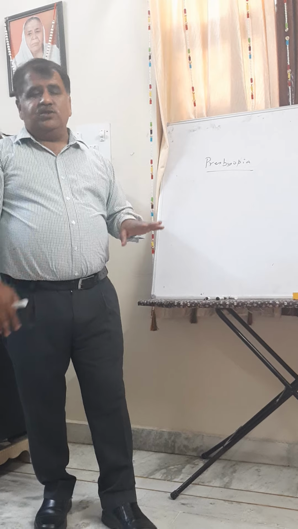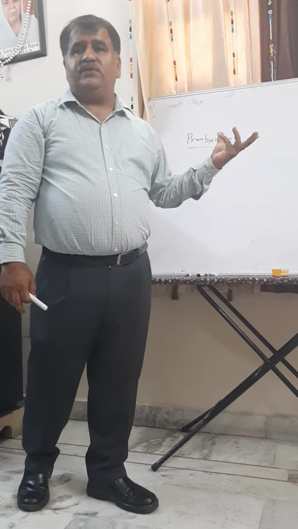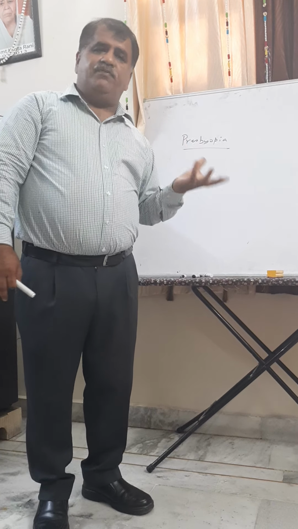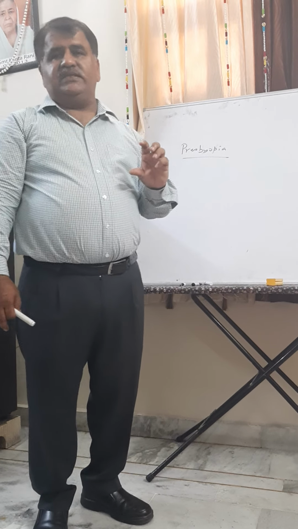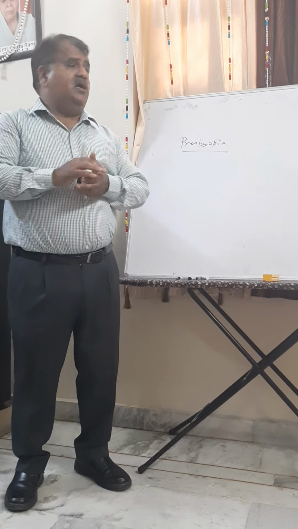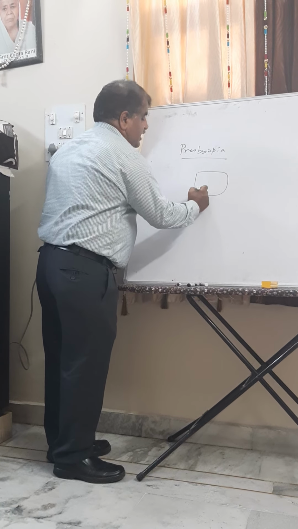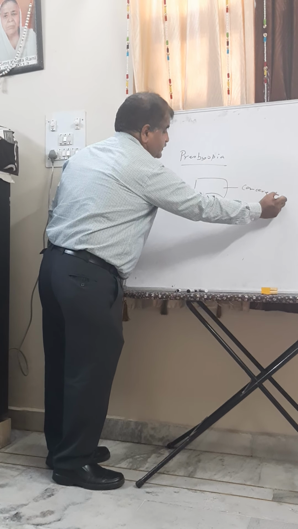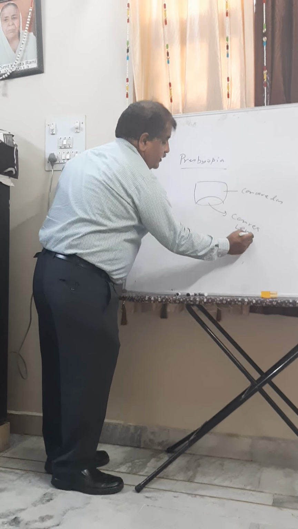So how can it be corrected? By convex lens, or sometimes with the help of a bifocal lens also, which means a combination of concave lens and convex lens. When we make the specs with the concave lens and convex lens, the upper portion will be of concave lens, and this will be convex lens.